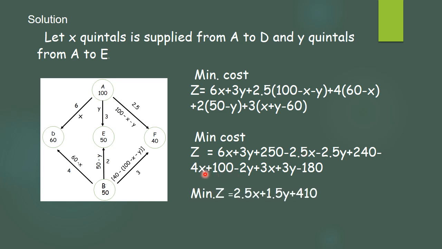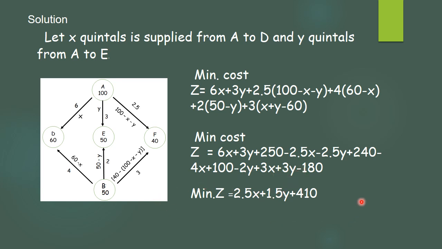So ultimately what we get, z will be 2.5x plus 1.5y plus 410. This is just simplified: 6 minus 2.5 minus 4 plus 3, and that we get as 2.5. Similarly, 3y minus 2.5y, that will be 0.5y, then 0.5y minus 2y plus 3y, so it will be 1.5y.